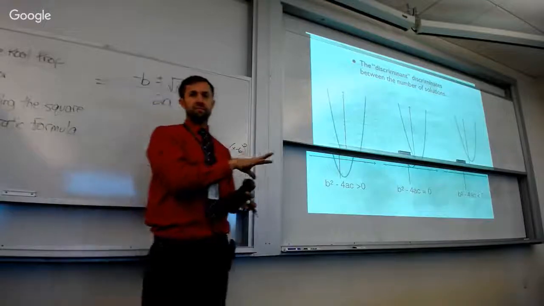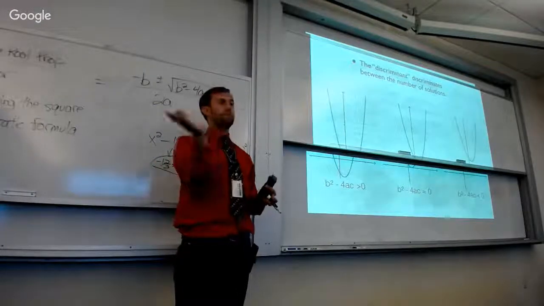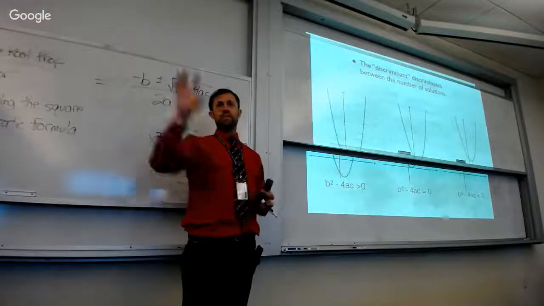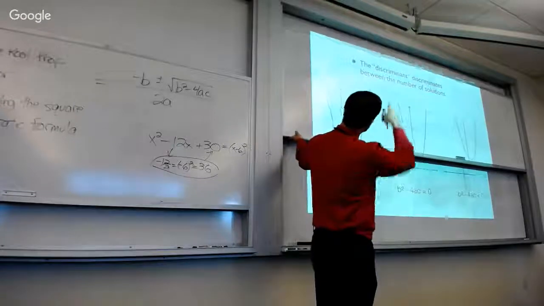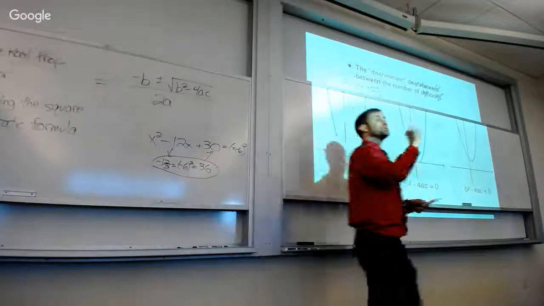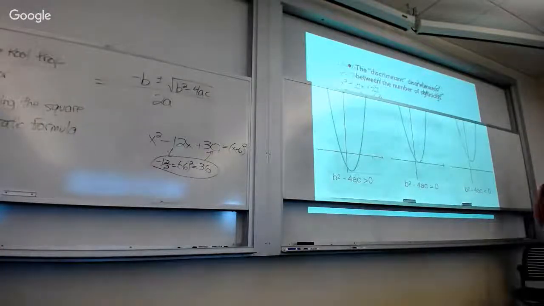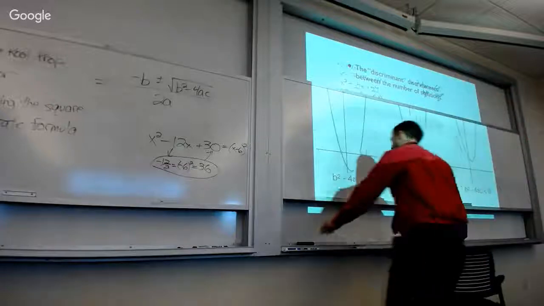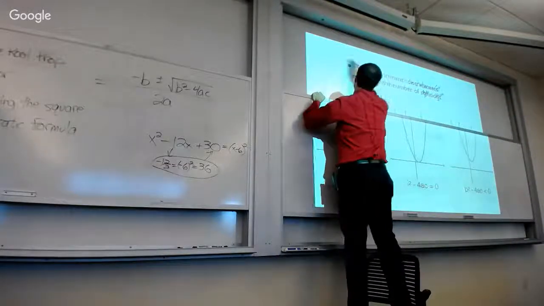So have you heard the word discriminating in that way? To discriminate simply means to tell the difference between what's what. This is one type of pizza, this is another type of pizza. So when we talk about the discriminant, we're using the word to mean that we're discriminating between 1, 2, or 3 different cases. We're not judging anything. We're just discriminating between option 1, option 2, and option 3.